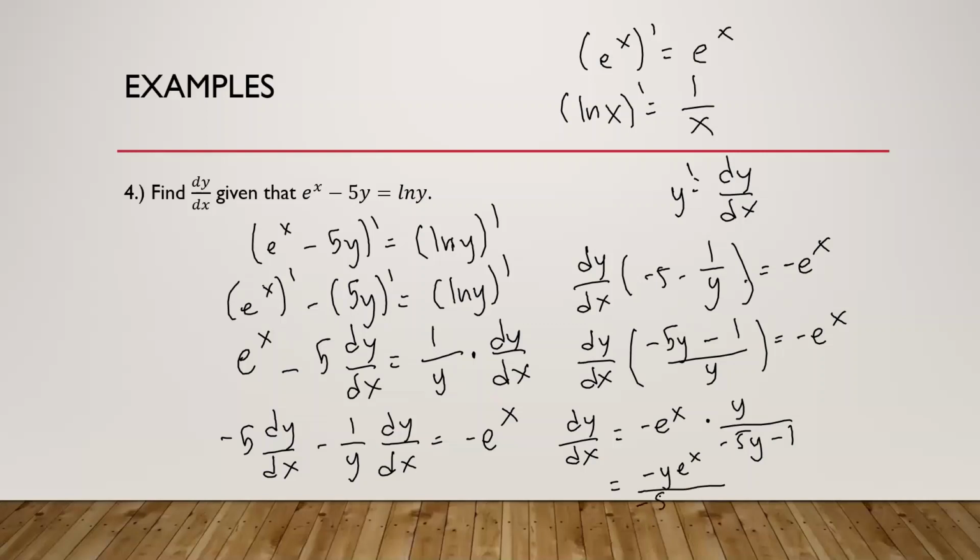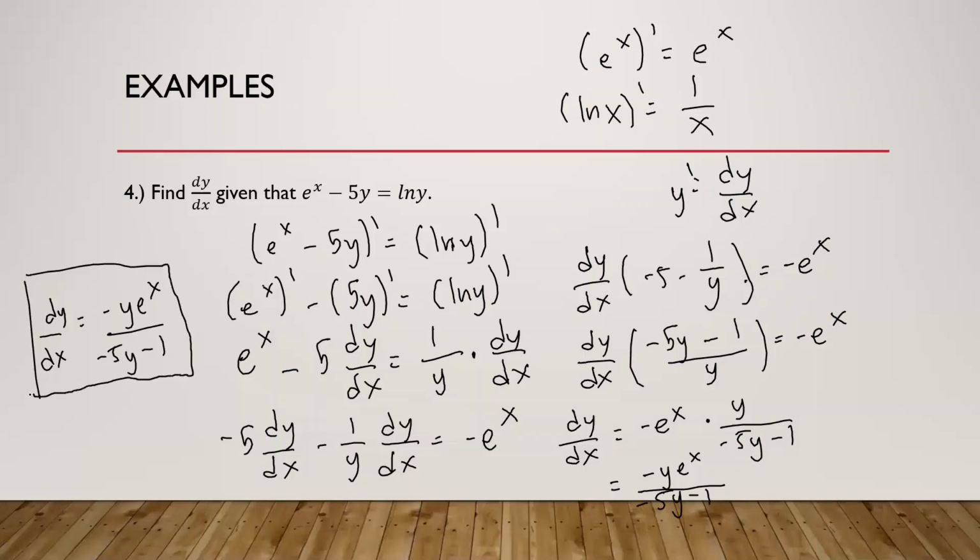Tapos, negative 5y minus 1. Okay, so bale, the final answer is dy over dx equals negative 1 e to the x, then negative 5y minus 1. So, ito na po ang sagot natin dito.